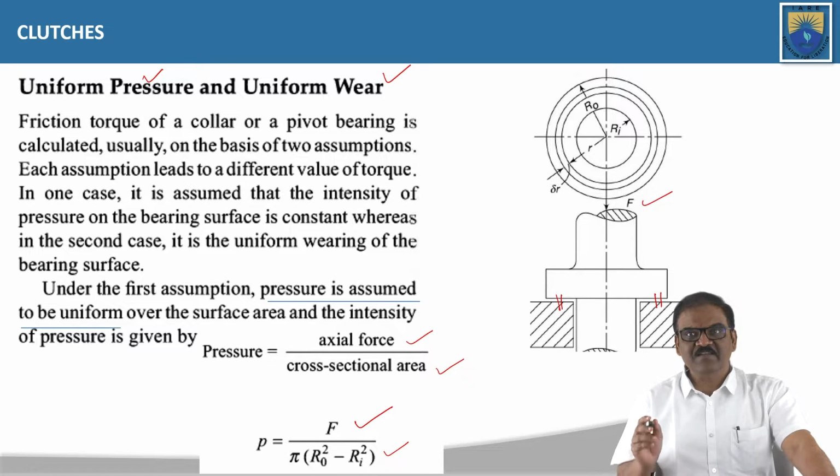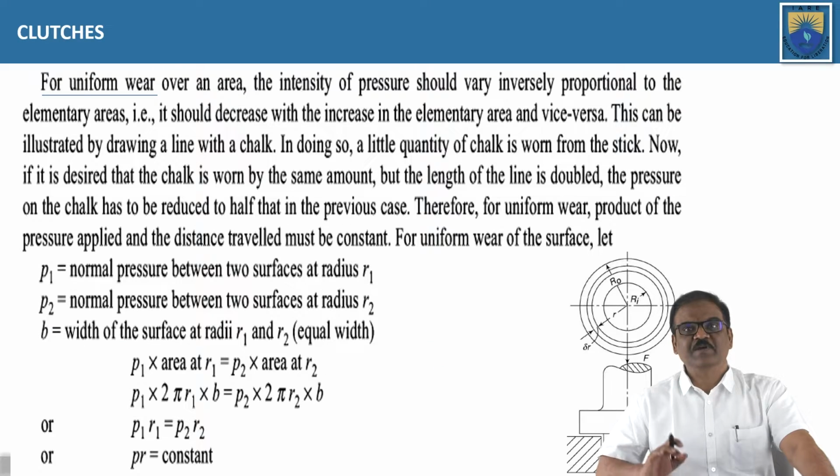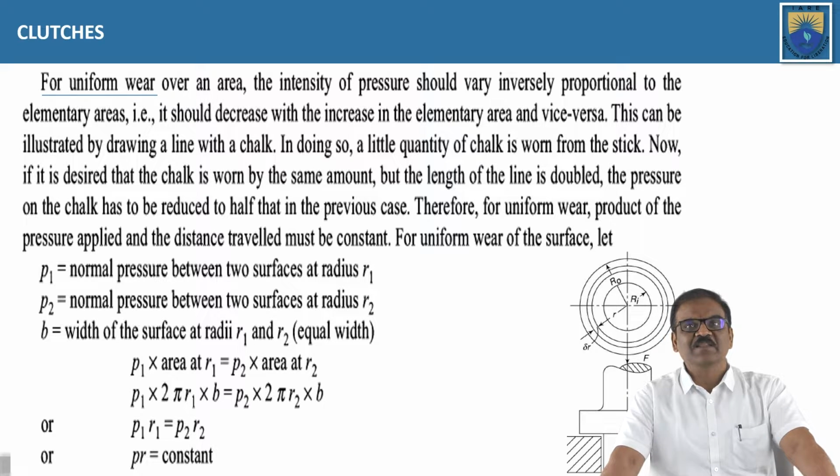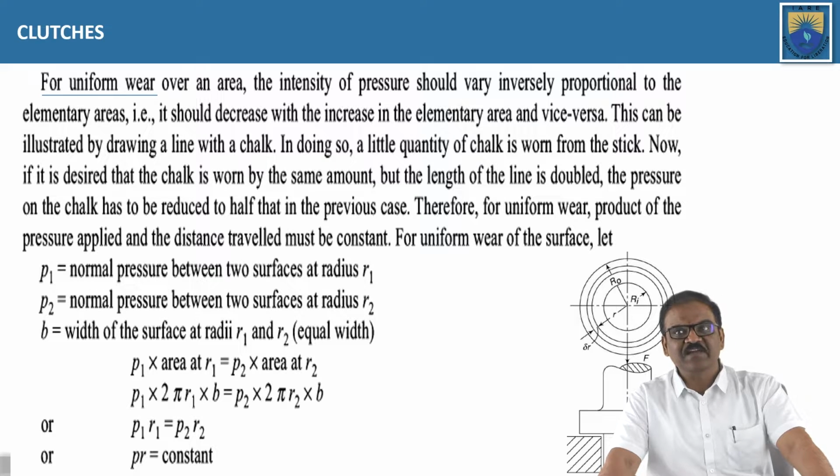Then the second theory is uniform wear. For uniform wear over an area, the intensity of pressure should be inversely proportional to the elementary areas. That is, it should decrease with the increase of the elementary area and vice versa. This can be illustrated by drawing a line with a chalk.